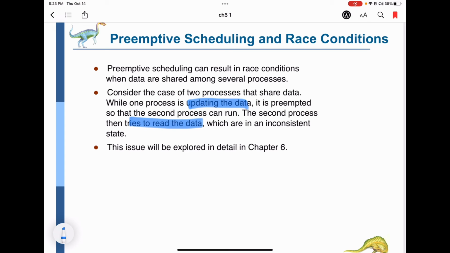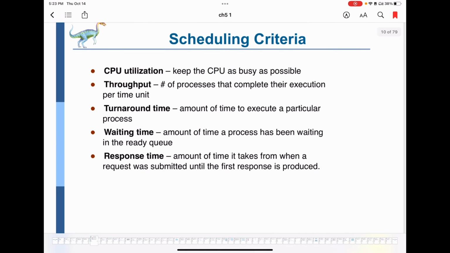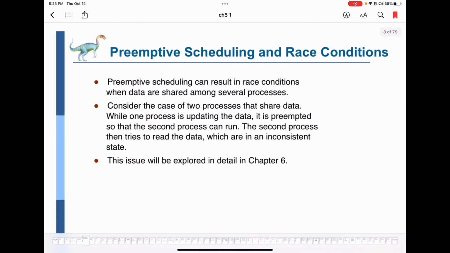So, anong mangyayari? So, magkakaroon ng inconsistent state. Okay, maaaring di pa tapos na mag-update ng data, tapos yung isa naman mababasa niya, hindi updated na data. So, there is a problem. So, that is the preemptive scheduling and the race condition.